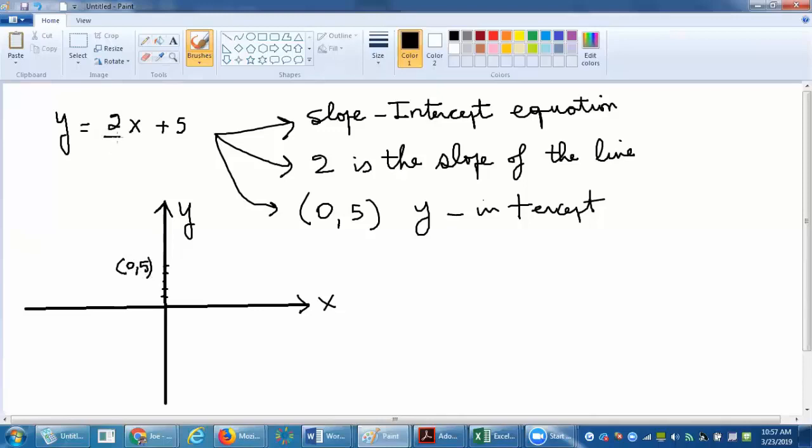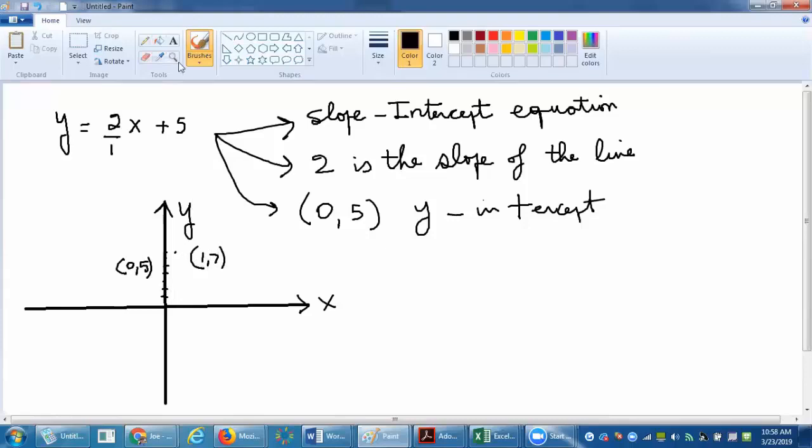Because the slope is 2 over 1, I can rise 2 and run 1. So the slope is the rise over the run. So from this point (0, 5), I can go up 2 units and then go to the right 1. Up is positive, to the right is positive. And going up, this becomes 7, and to the right becomes 1. And this is (1, 7).